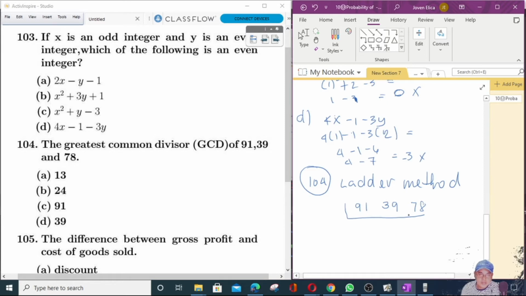So let us get the common divisors of the given numbers. So what is the common divisor? If you're going to divide by 13, 91 divided by 13 is equal to 7.